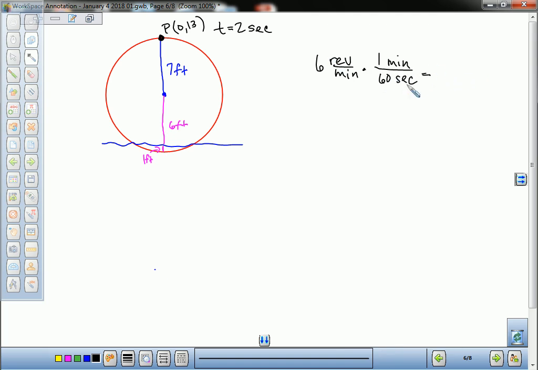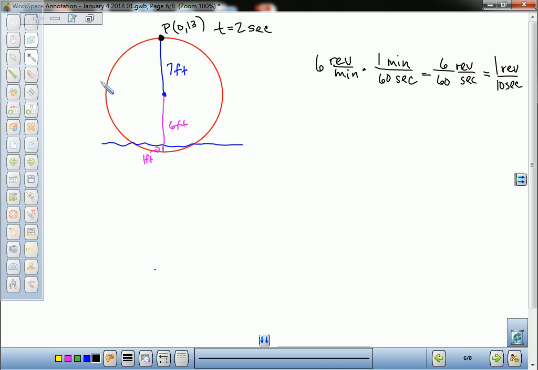So I get 6 over 60 revs per second. That tells me I can do 1 revolution in 10 seconds. That's very slow, but water wheels do kind of go slow.